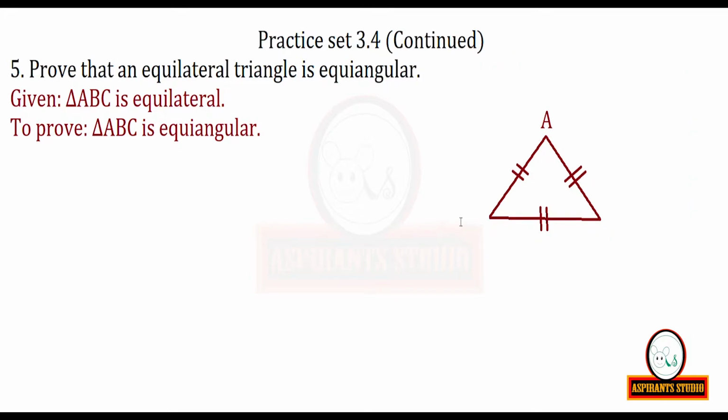So you are given segment AB is congruent to segment AC is congruent to segment BC. Now you have to write in triangle ABC, segment AB is congruent to segment AC since sides of an equilateral triangle.